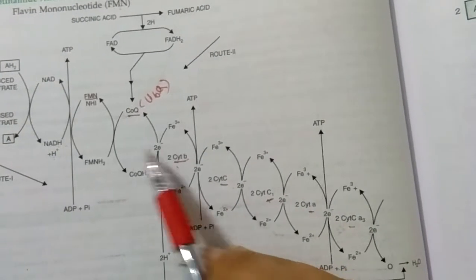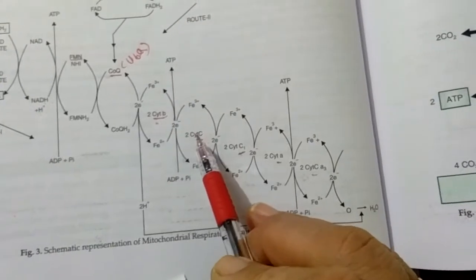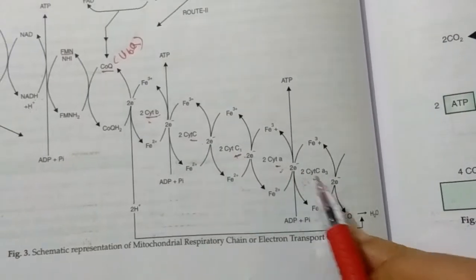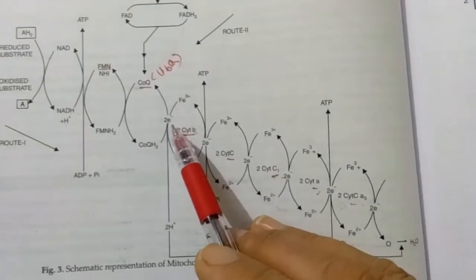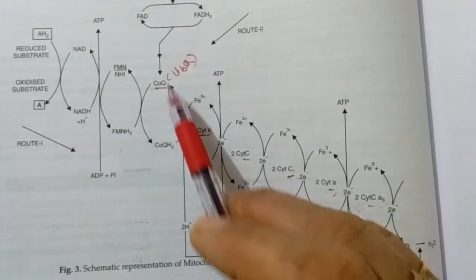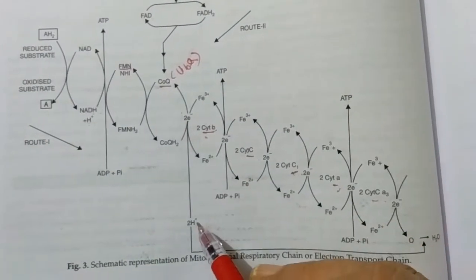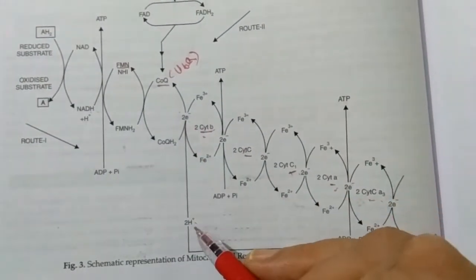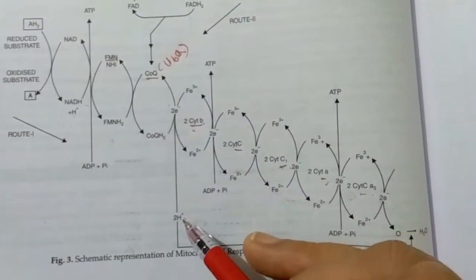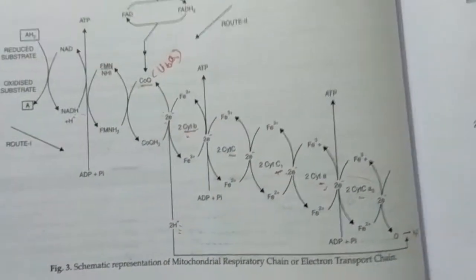So from coenzyme Q, it will pass on to cytochrome B, then to cytochrome C, then to cytochrome C1, and then cytochrome A and cytochrome A3. They start from here because the electron has just passed to coenzyme Q. Here they have mentioned the electron and this is the proton. These two electrons and two protons are formed from this H2 only. The proton is released into the matrix and the electron is passing through the electron carriers.